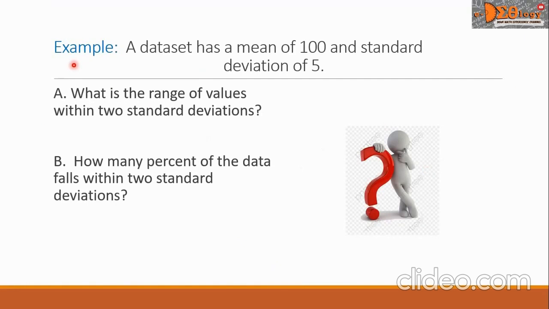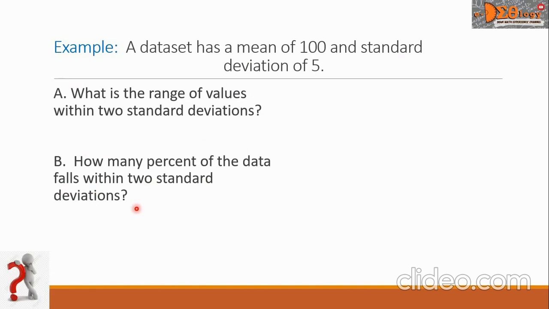Let us see this example. A data set has a mean of 100 and standard deviation of 5. Letter A. What is the range of values within 2 standard deviations? Letter B. How many percent of the data falls within 2 standard deviations?